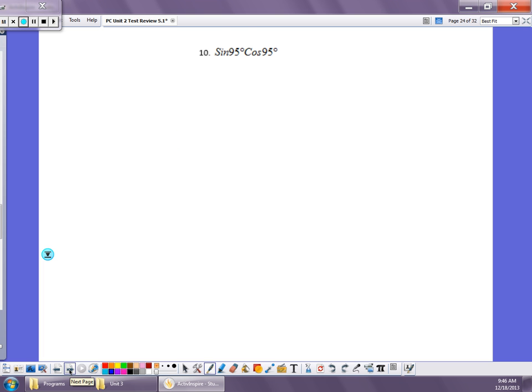For number 10, this is one that we have to alter it a little bit, okay? So remember, our identity is sine 2 theta equals 2 sine theta cosine theta. So it's clear that this looks very similar to this, but the difference is this has a 2 and this doesn't. So what we need to do is match my identity to my problem.